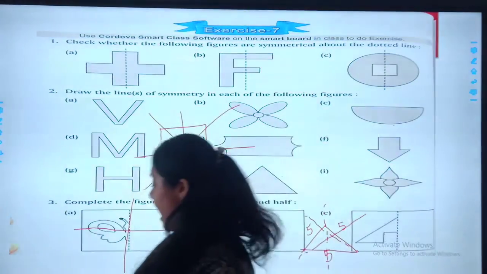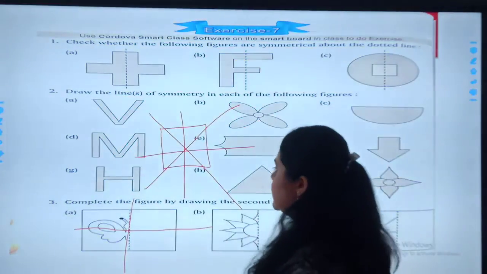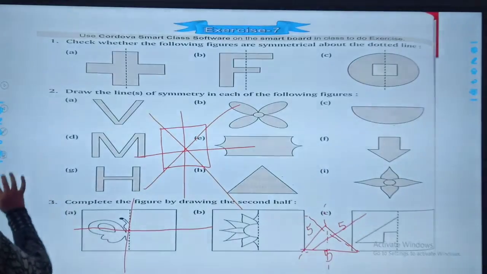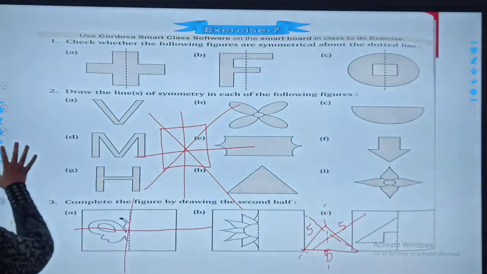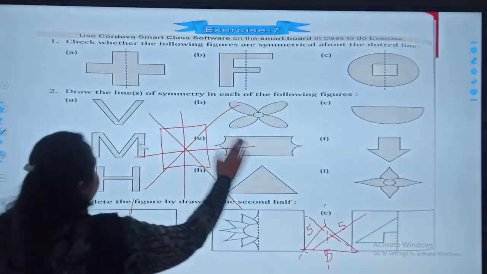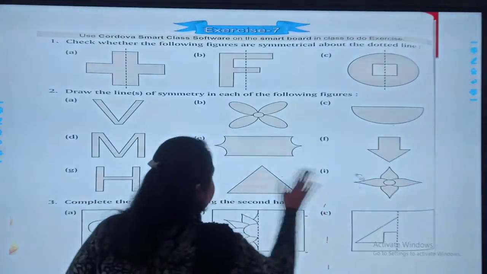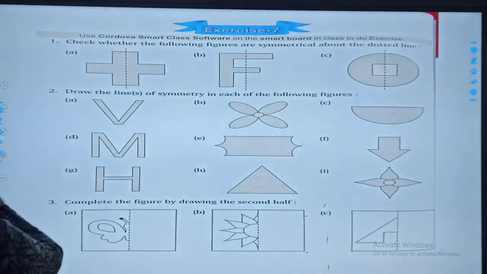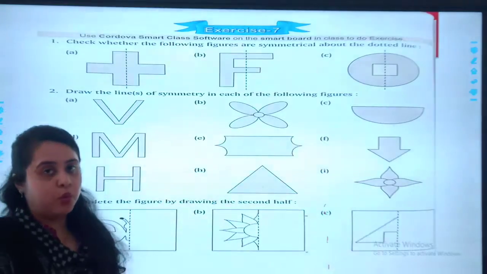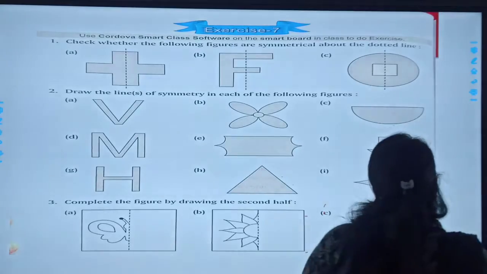So students, as you can see on the board, there is exercise 7. We will discuss it. But hold on, let me erase this first. So students, let's read question number 1. Check whether the following figures are symmetrical about the dotted line.